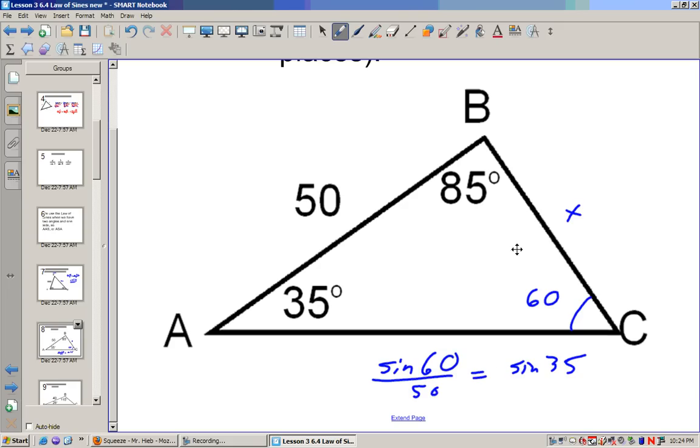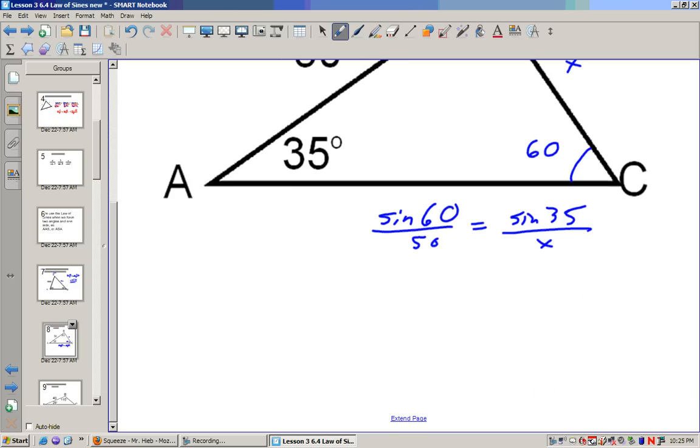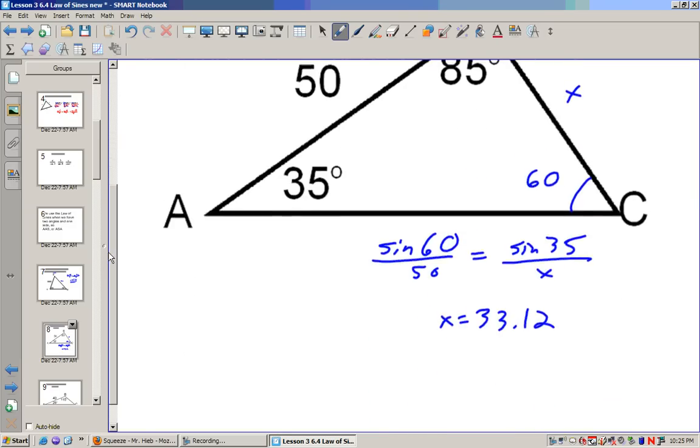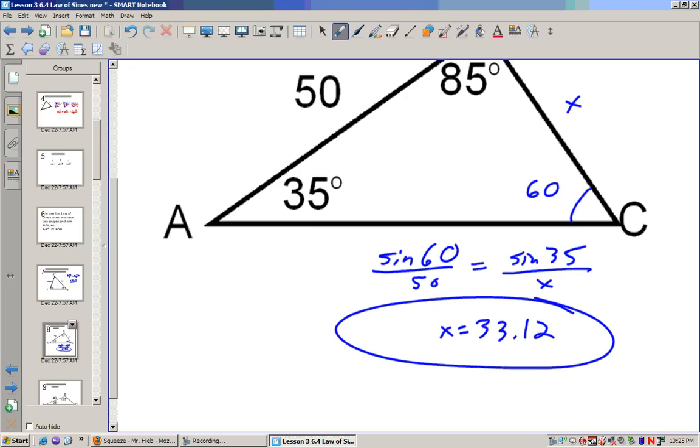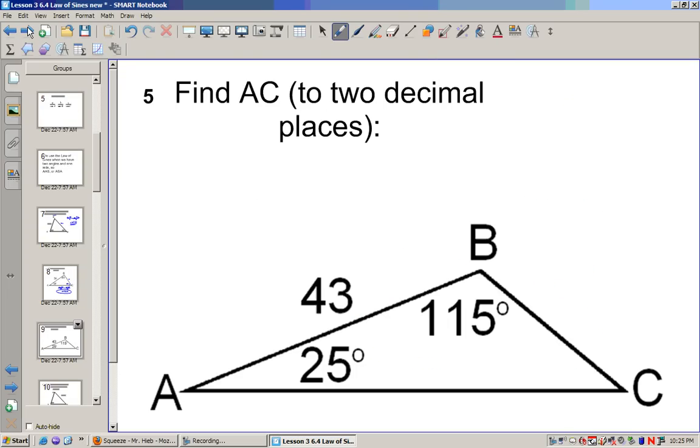We use this one because it's opposite of x. Now we can cross multiply and divide to find the value of x. So 50 times the sine of 35, divide that by the sine of 60, and you get 33.12. And do we have units on this? No units. So 33.12 units.